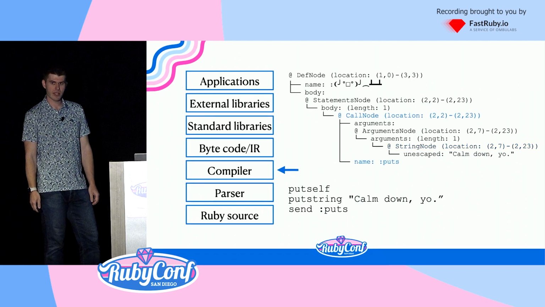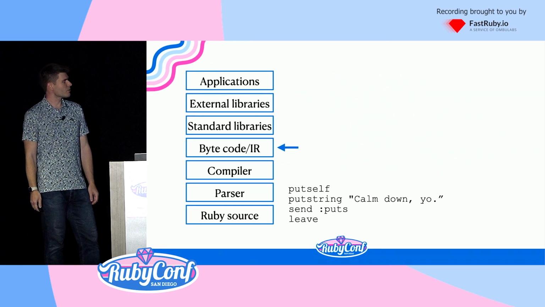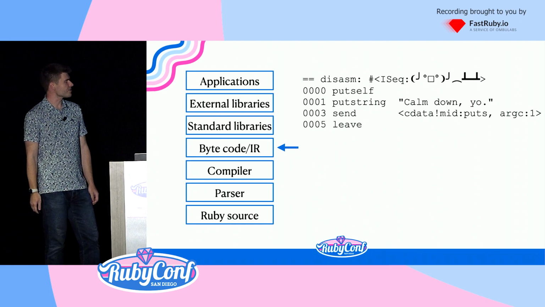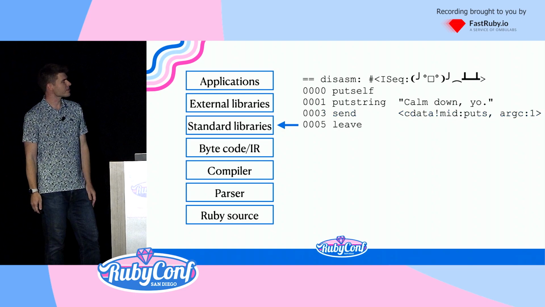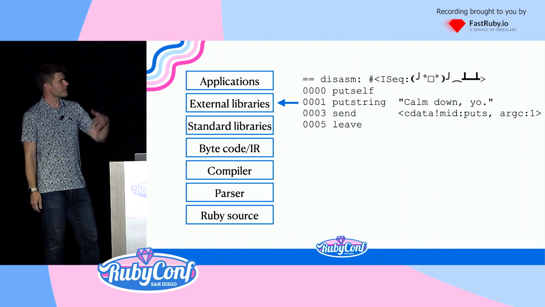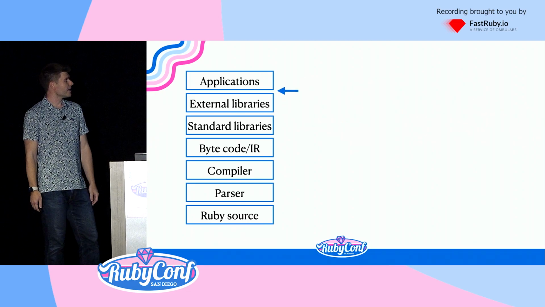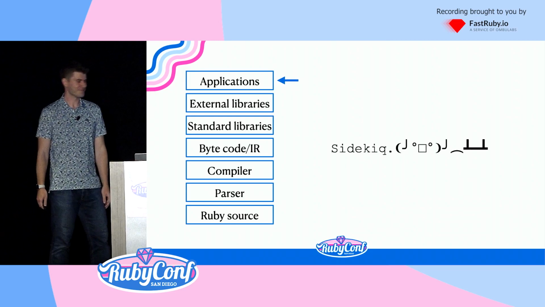And the form right now is a linked list. This is what a compiler is doing, building the linked list. From here on out, we're going to build something called instruction sequences, which is the bytecode, otherwise known as an intermediate representation. This is going to be able to call standard library methods like puts, and this instruction sequence is something you have built. This is an external library. This all lives in your application as this. This is our dependency tower.